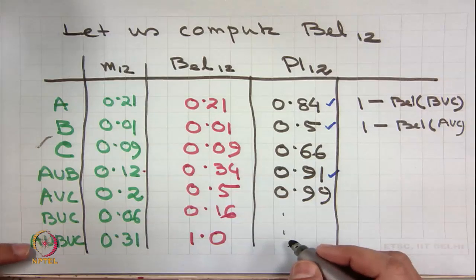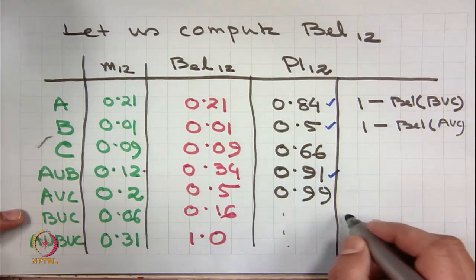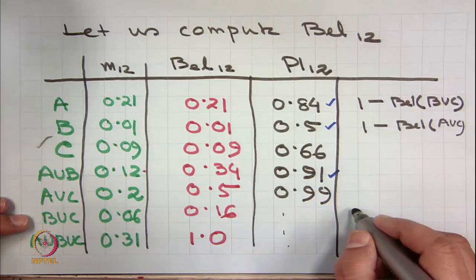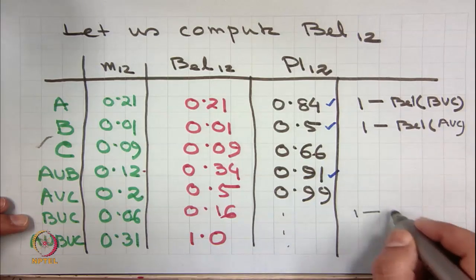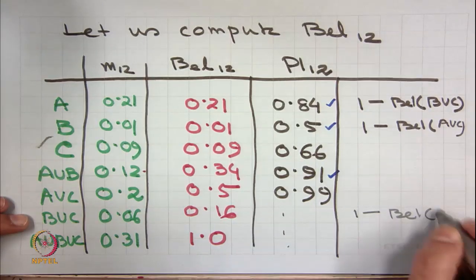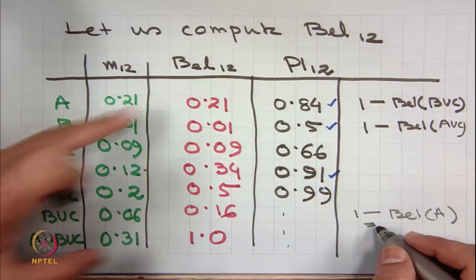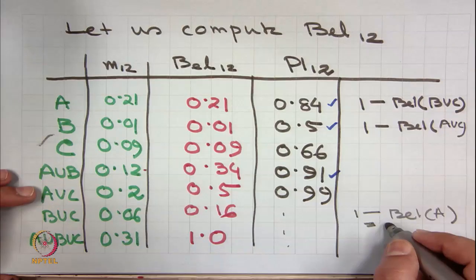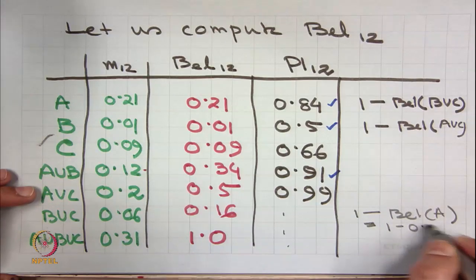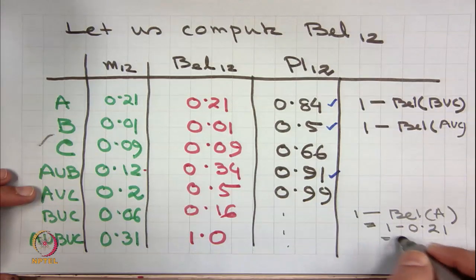the plausibility value for B union C. It is going to be 1 minus belief of A, which is 1 minus 0.21, which is equal to 0.79.